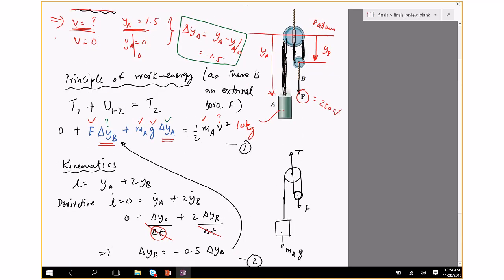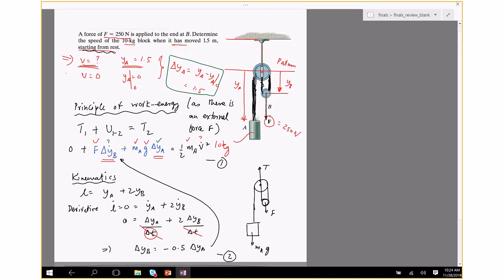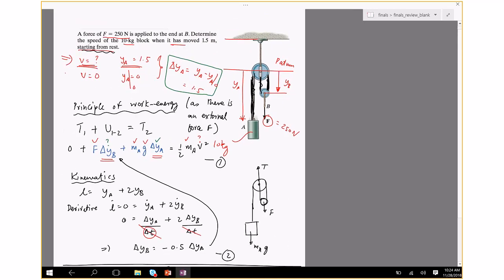Okay. Hold on, I think I made an error. The sign is an issue. So when it has moved 1.5 meters starting from rest, they do not say whether 1.5 meters is down or up, and I've got to first figure that out because I need to put the right signs. The question is, is this positive or is it negative? And that actually will affect my answer.